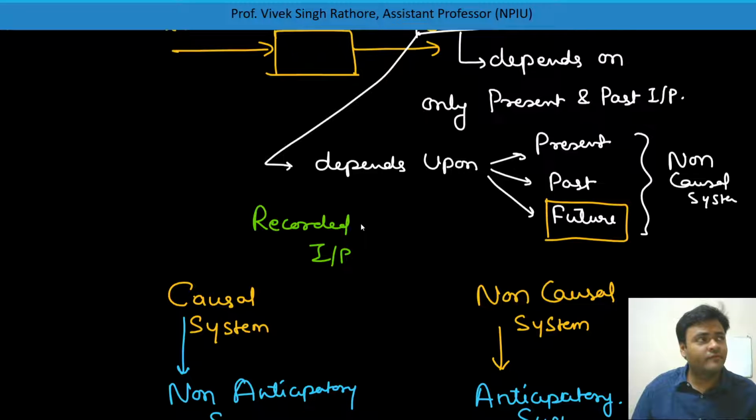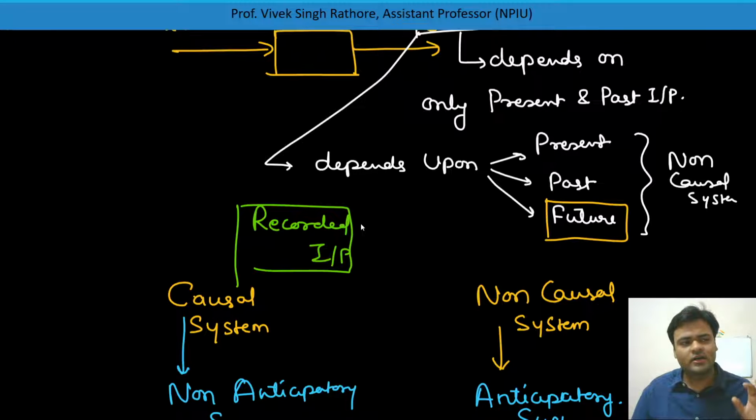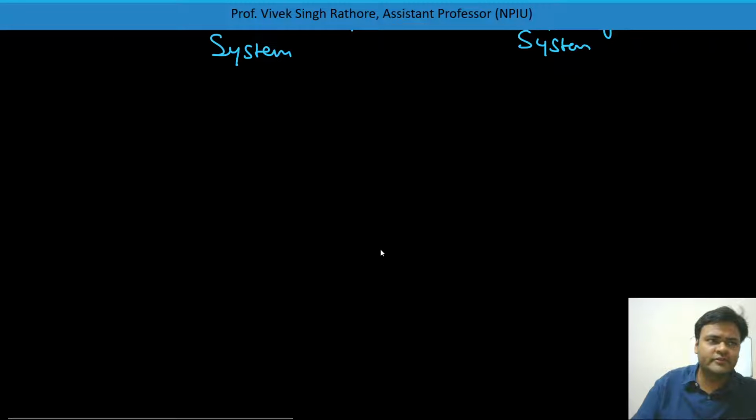But if a match is going on live, you cannot move forward, because there you can see only the present input and the past. If a recorded match is there, then you can move forward also. Non-causal systems exist in that sense only, where recorded input is fed to a system. But generally it is not physically realizable.